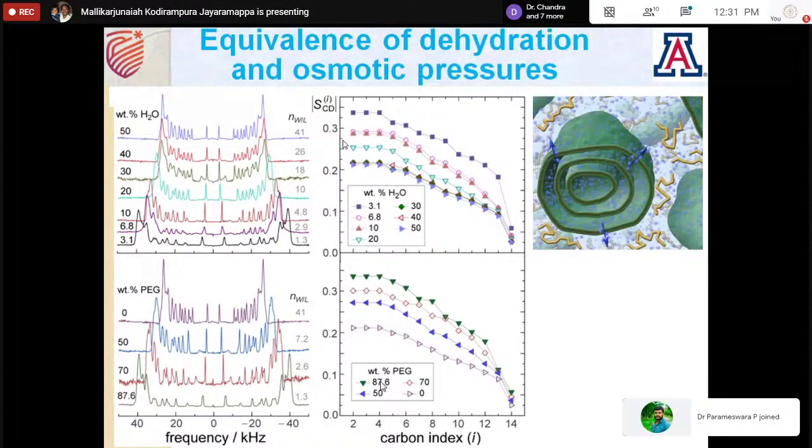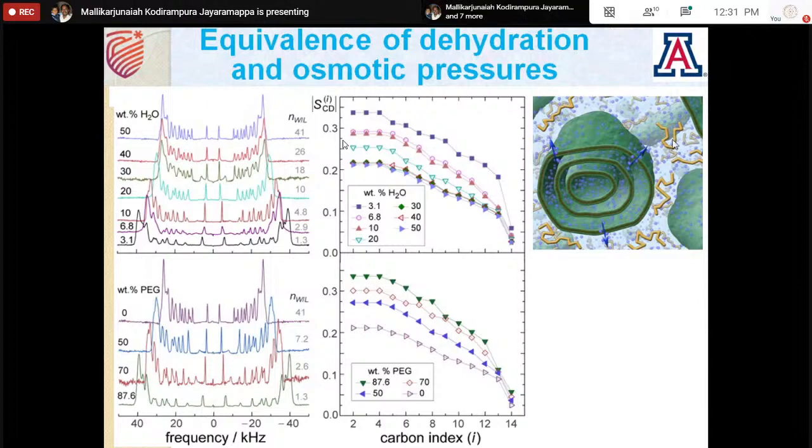The same thing happened with increasing weight percentage of polyethylene glycol. Schematically, consider these yellow thread-like structures as polyethylene glycols. These polyethylene glycols are removing water from this intermembrane system. As you can see, it looks like a half-cut onion. Between these two onion rings, a large number of water molecules are there.